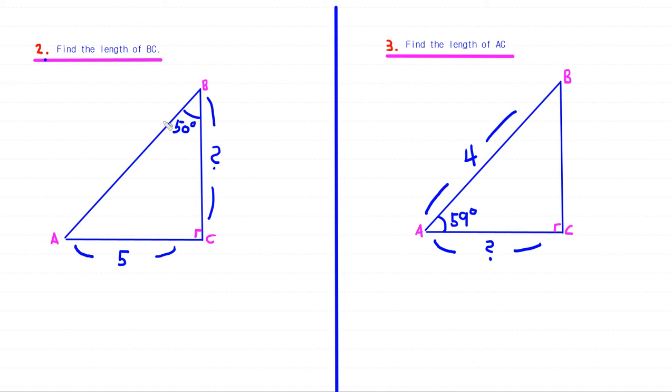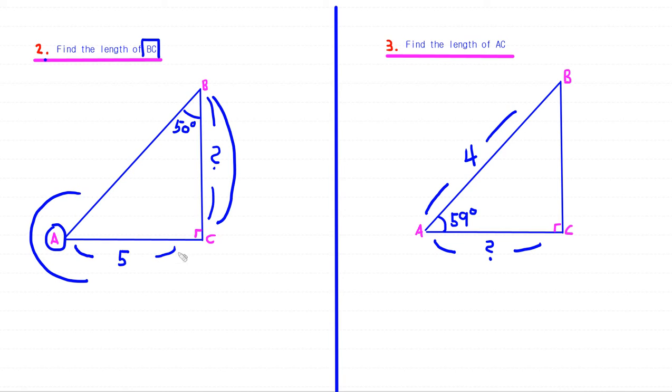The second problem says to find the length of BC right over here. So let's apply the sine, cosine, and tangent method that I explained in the second way. Let's say A is the center angle, and let's draw cosine.